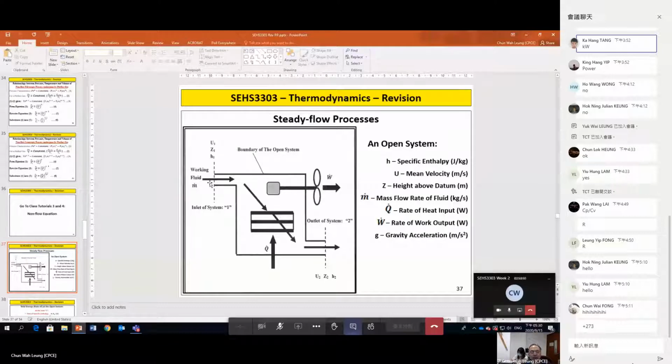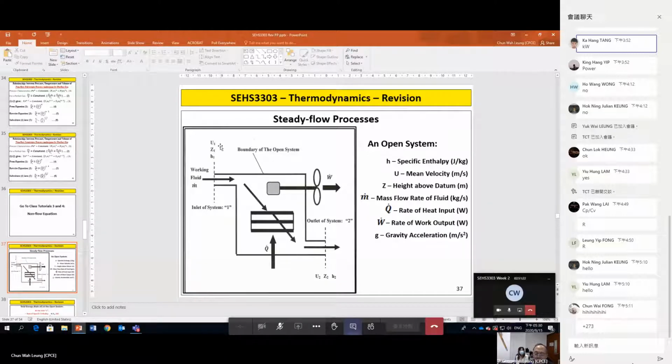So at the entrance, there are three kinds of energy associated with the moving in of the fluid. That is the enthalpy H1, the potential energy related to its position Z1, where Z1 is the vertical distance above the datum, and the energy associated with the velocity U1.